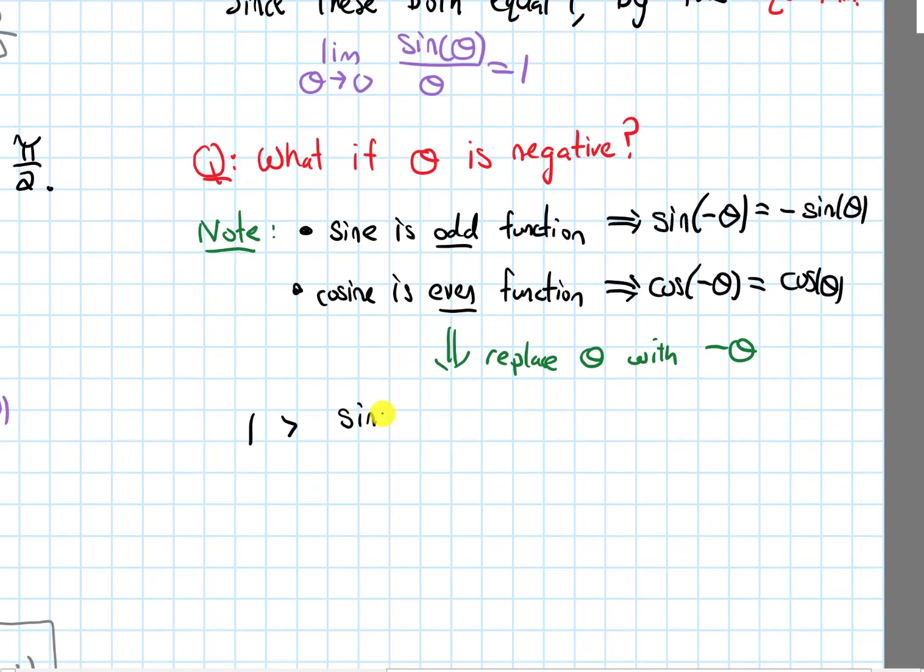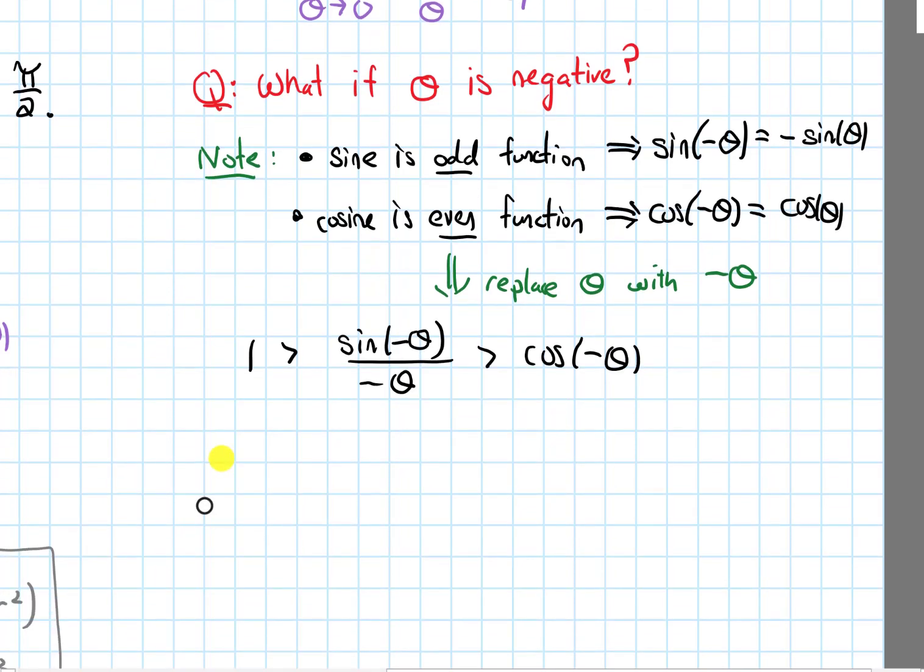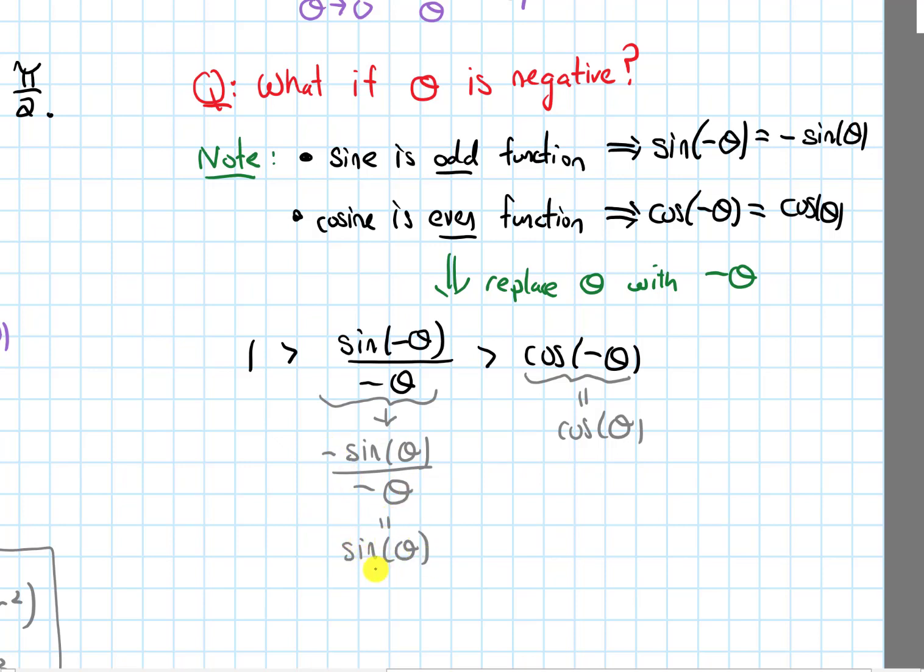And then that'll be greater than, and I'll get cosine of negative theta. All right, so because cosine is even, cosine of negative theta is just equal to cosine of theta. And in the middle, because sine is odd, this will be negative sine theta over negative theta. And now the two negatives cancel, and this will be sine of theta over theta.